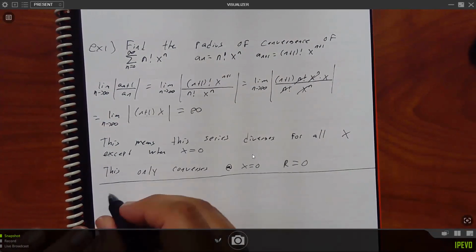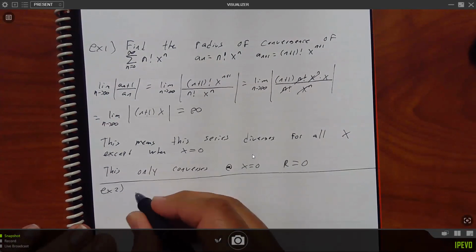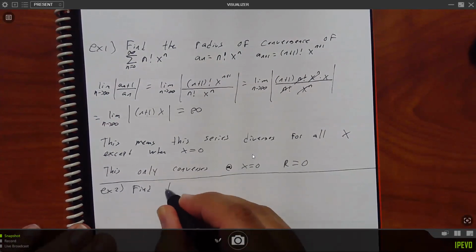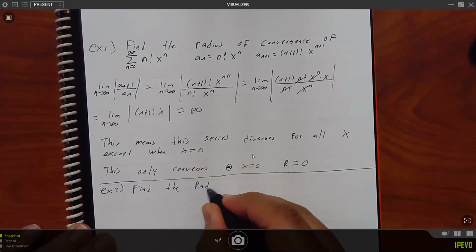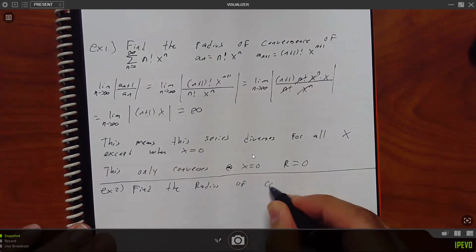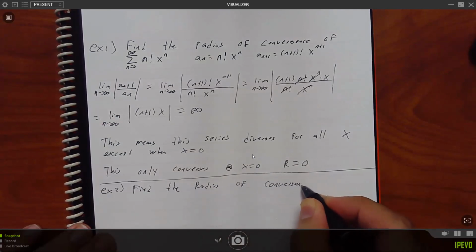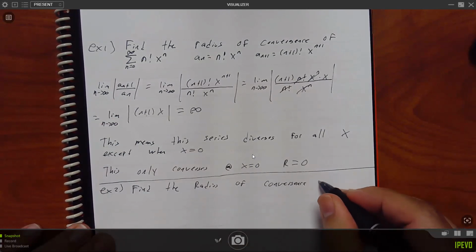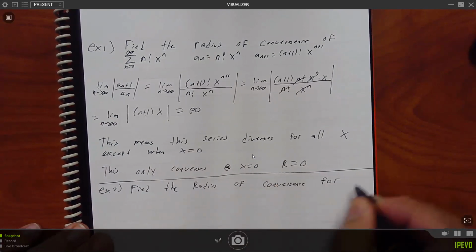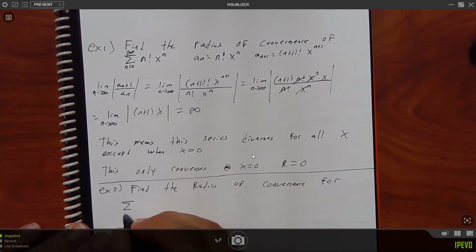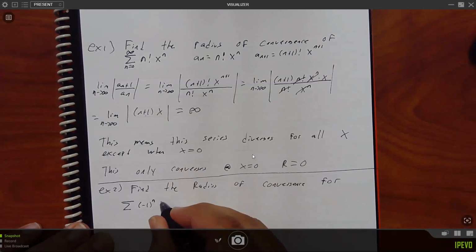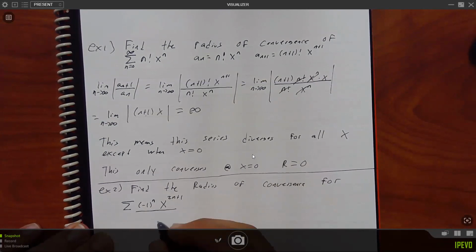Let's do another one. Find the radius of convergence for the sum of (-1) to the n times x to the 2n plus 1 over (2n plus 1) factorial.